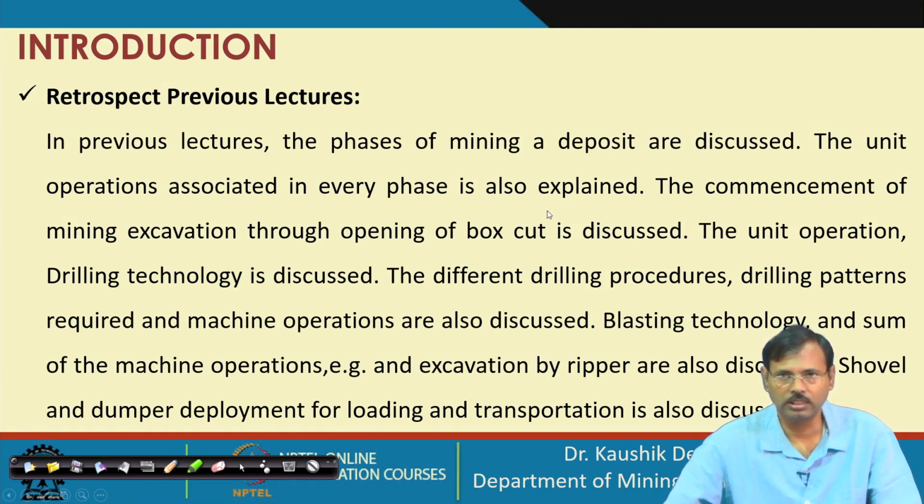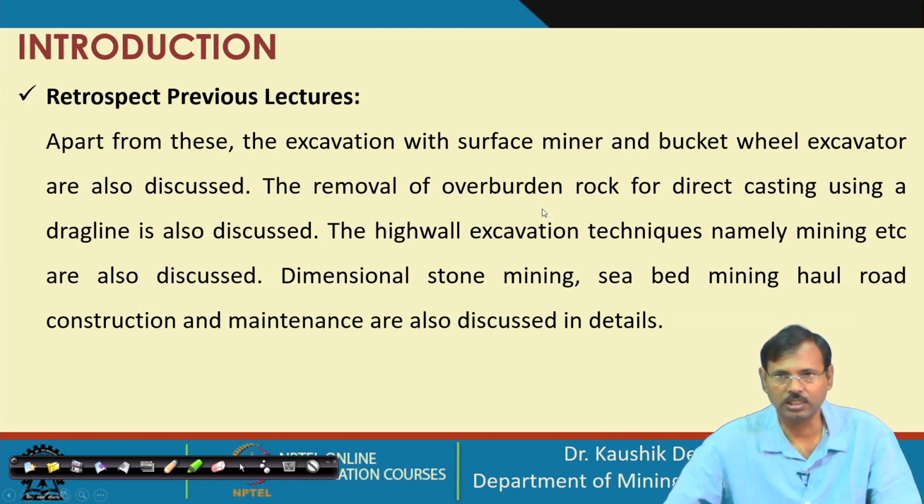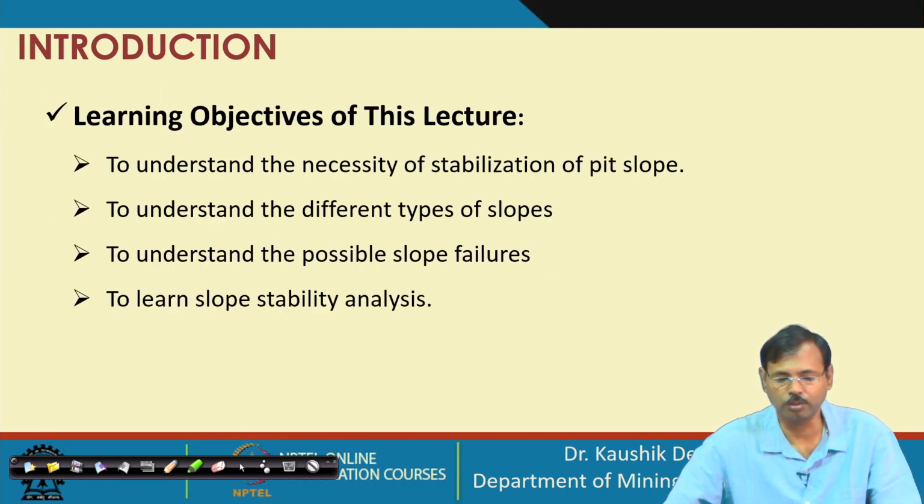And this is our final topic before the closing of the mine, that is the analysis of slope stability. This is the third and final lecture of the analysis of stability of slope. The set objective is to understand the necessity of stabilization of pit slope, to understand the different types of slopes, to understand the possible slope failures, and to learn the slope stability analysis.